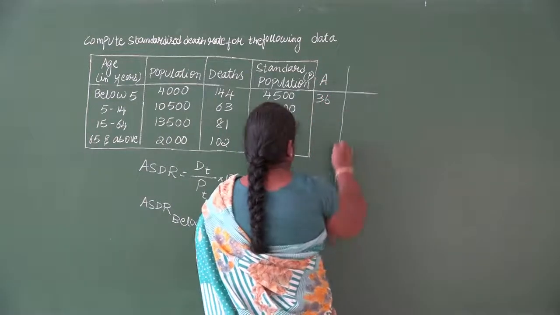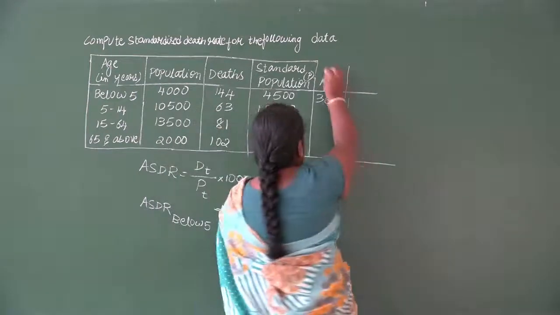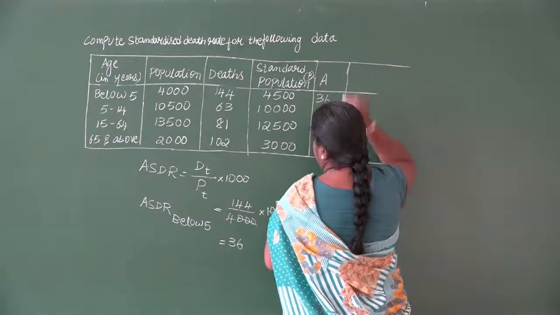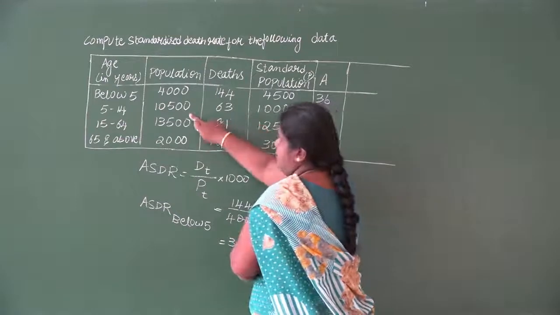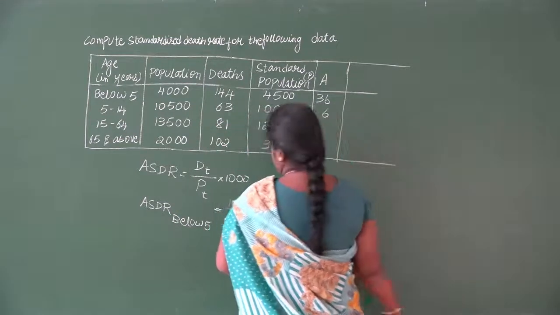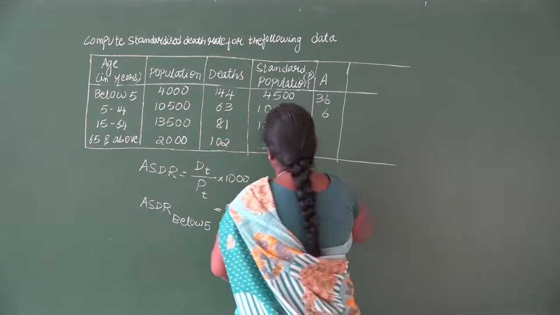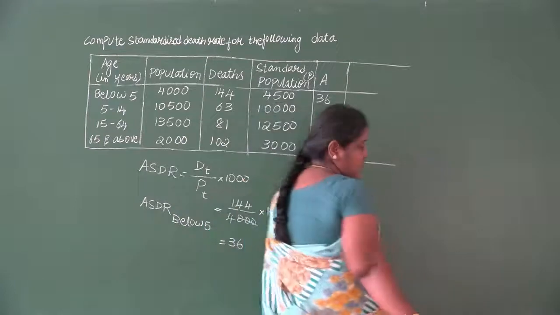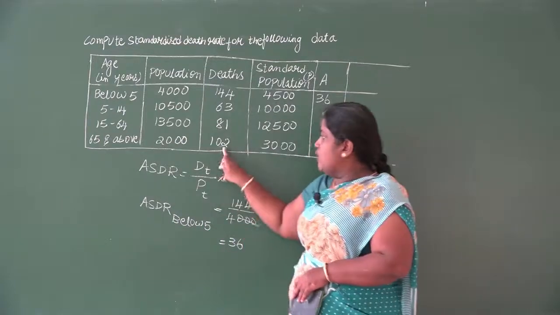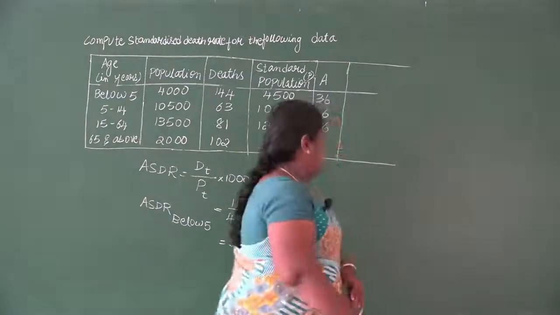Write that, make the column and write the first value as 36. Then the second one, it is 63 divided by 10,500 into 1000, will get 6. Next 81 divided by 13,500 into 1000, again it is 6. Next value 102 divided by 2000 into 1000 will get 51.